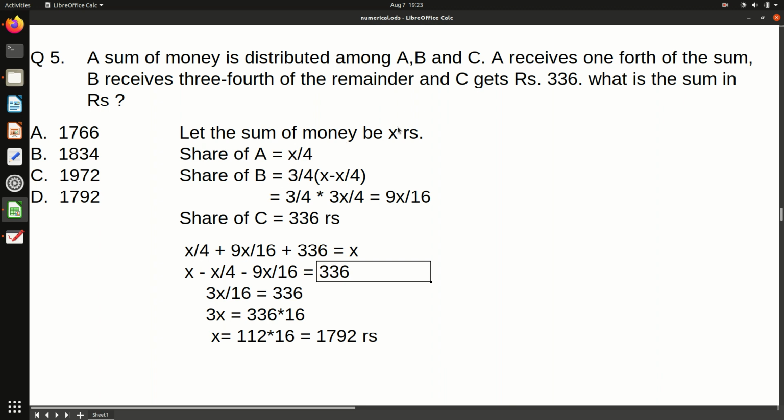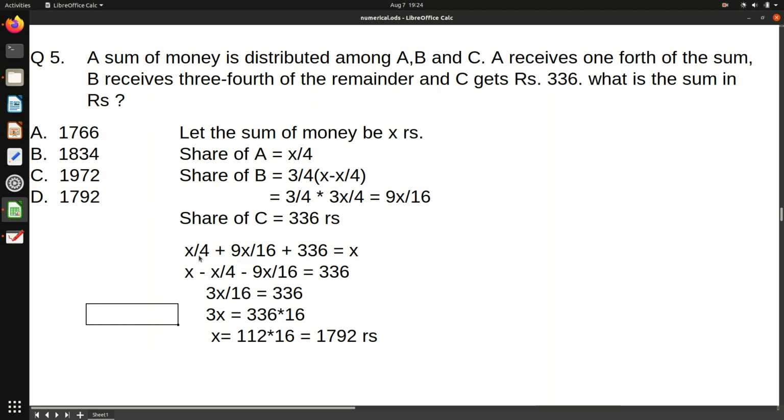The same X is distributed between A, B and C. So if we add A, B and C, we should get X because the same X has been distributed. That's why I have added all the shares. So share of A plus share of B plus share of C will be equal to X. So X by 4 plus 9X by 16 plus 336 equals X. So this is the equation.